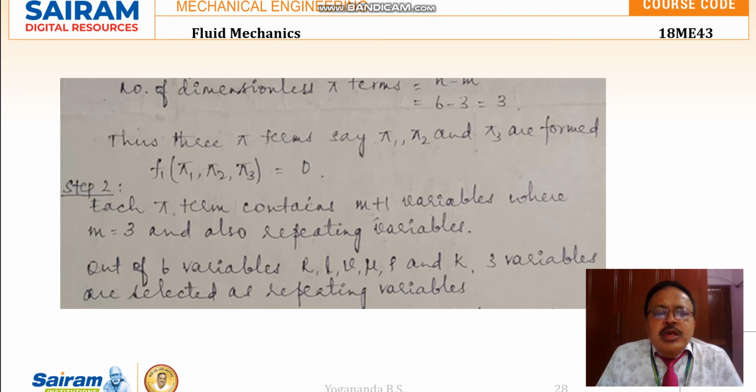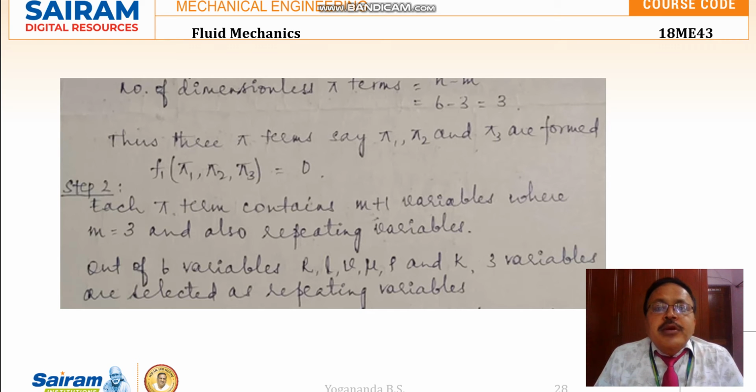N minus M is 6 minus 3, that is 3. Thus pi 1, pi 2, pi 3 will be formed, so function of pi 1, pi 2, pi 3 is equal to 0. Now the first step is completed.